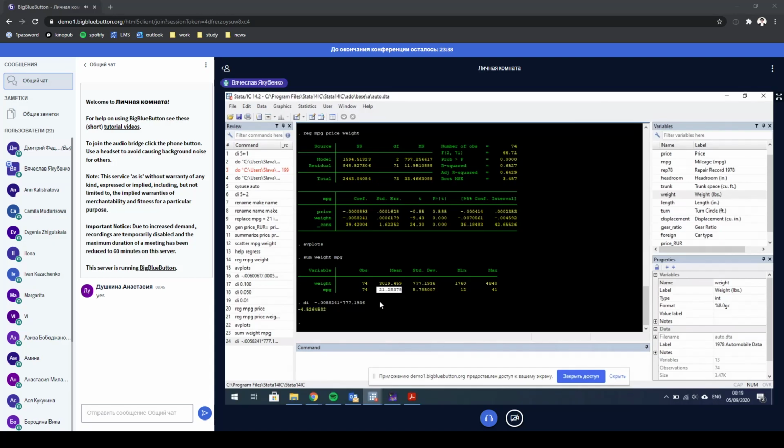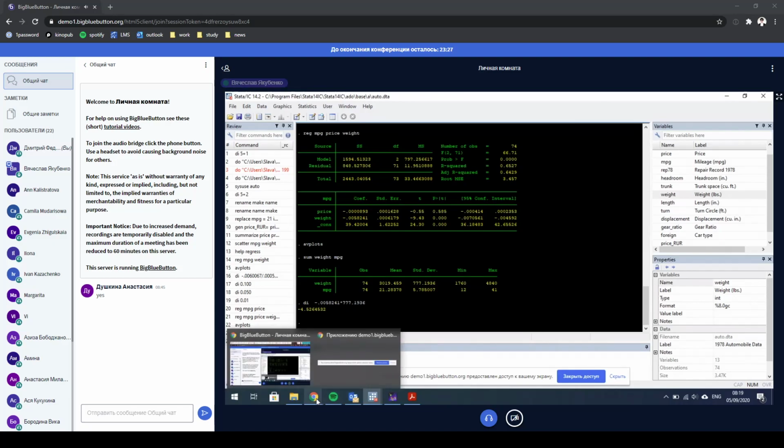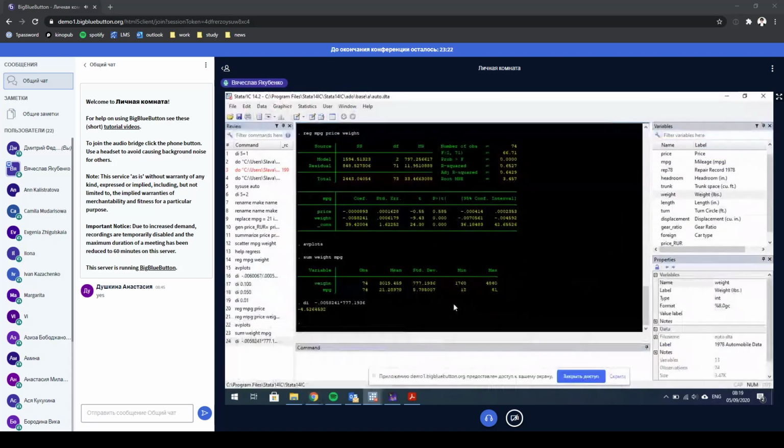So basically, if we increase the weight of the car by 1 standard deviation, the distance we can cover with 1 gallon of fuel decreases by 4.5 or 25% of the mean.